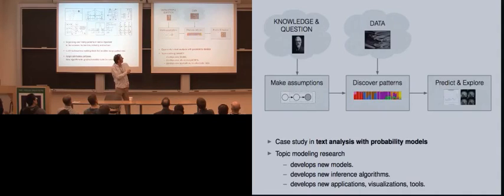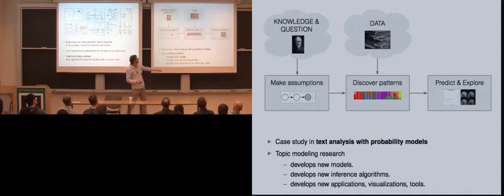I use that to make assumptions, and I turn those assumptions mathematically into a model, one that has hidden variables and observed variables. Then my data and my assumptions together are squared off in the posterior. That's where I discover the patterns in the data, calculating the conditional distribution of the hidden variables given the observations. And finally, I use those discovered patterns to form predictions about the future, to explore my data, etc.